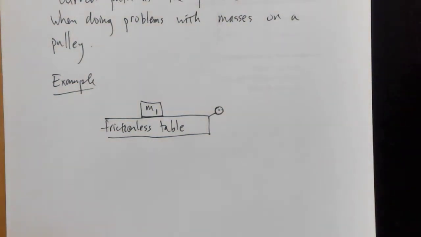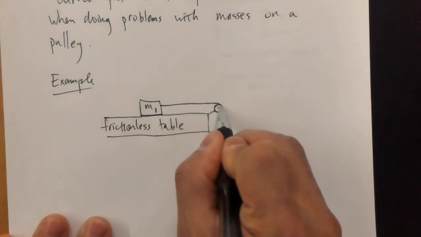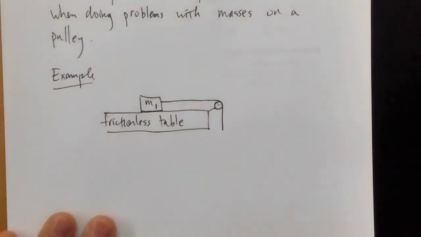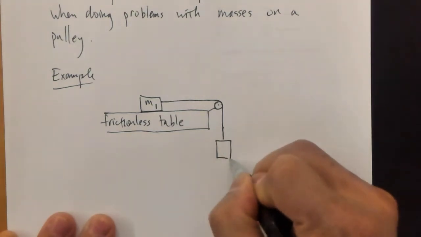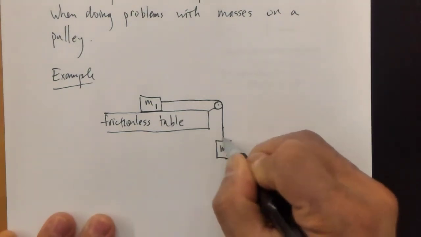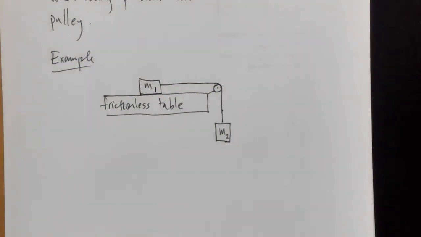And there's a string that's attached to the mass, and it wraps around the pulley. And let's say there's a mass that's hanging off the pulley. Okay. And we can ask questions like, what's the acceleration of the system? The whole thing accelerates together. What is the tension in the string in terms of the masses?